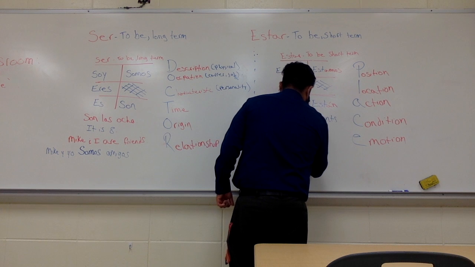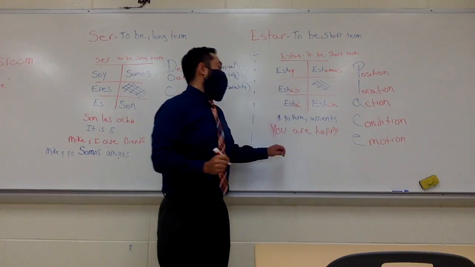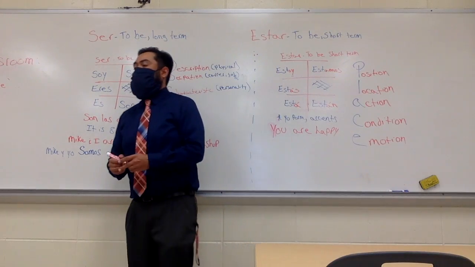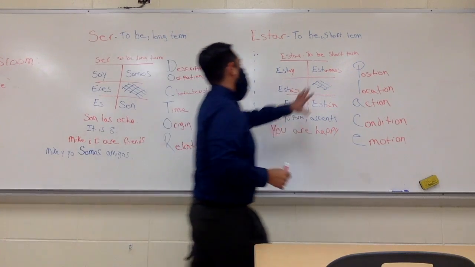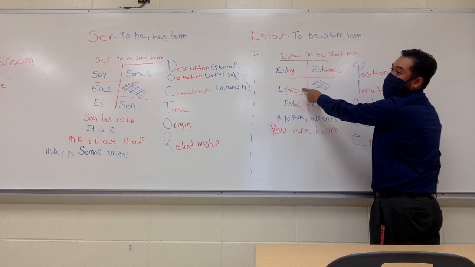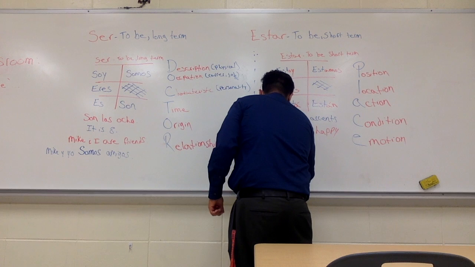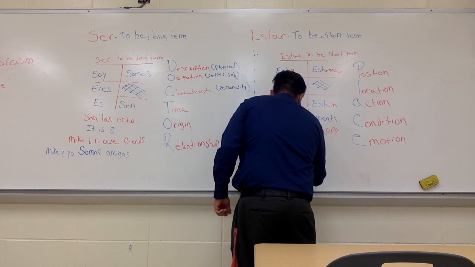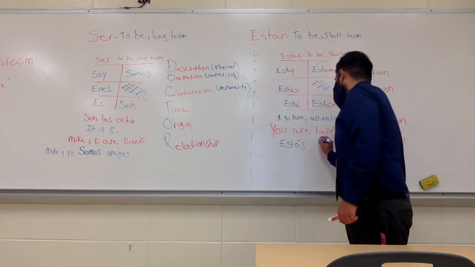you are happy. You to be happy. Okay? How many people is you? One. Don't need these. Am I you? No. Am I talking to you? Yes. So I would use estás with my accent. How do we say happy?